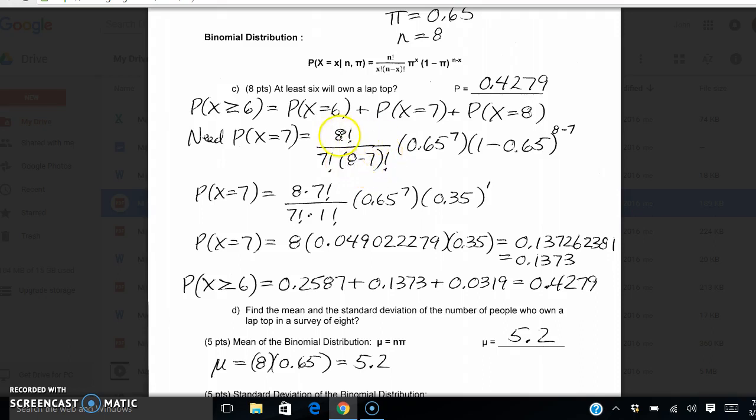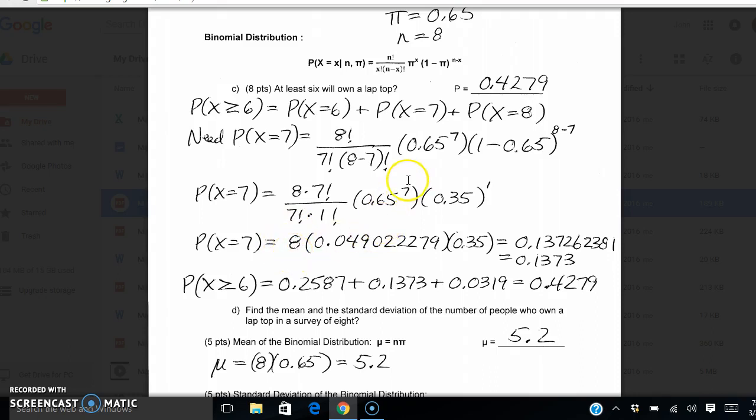So I would go ahead and calculate this first part of the formula, and on the top you would take the 8 factorial and reduce it to 8 times 7 factorial, and you would leave it at a 7 factorial on the top because you see you have a 7 factorial on the bottom, and those two are going to cancel, and you're only going to have the 8 left on top, and 8 minus 7 is 1. 1 factorial here is just 1. So this first part of the formula becomes just 8.